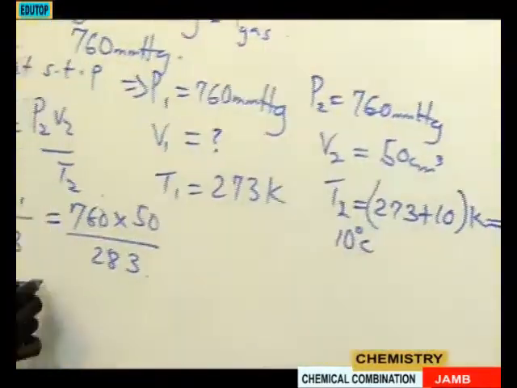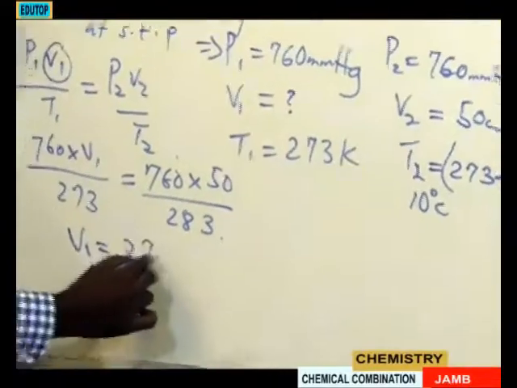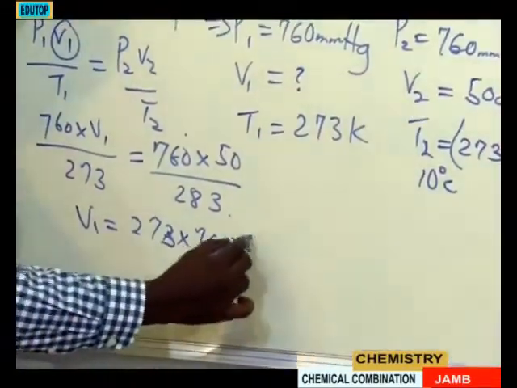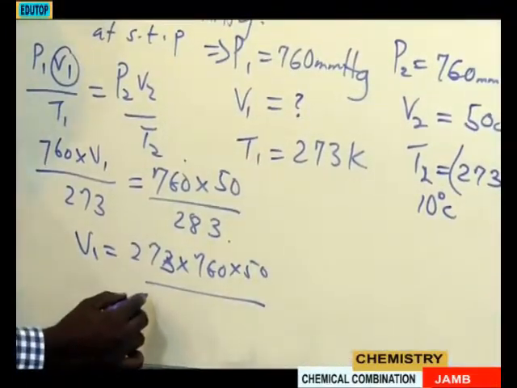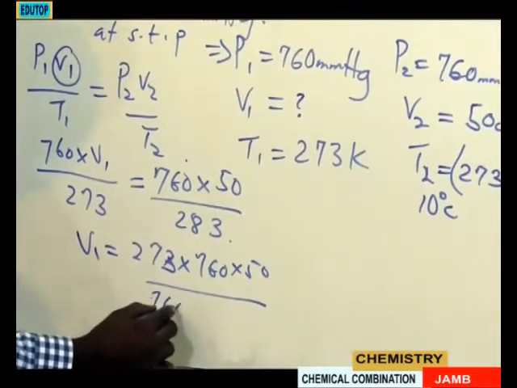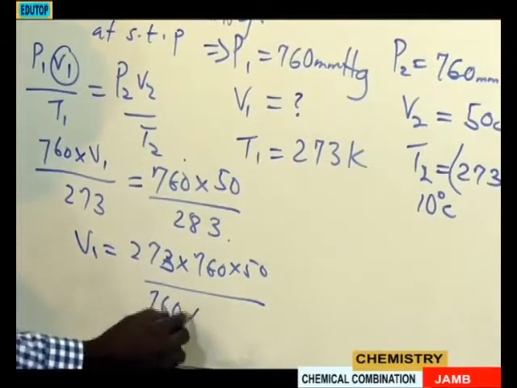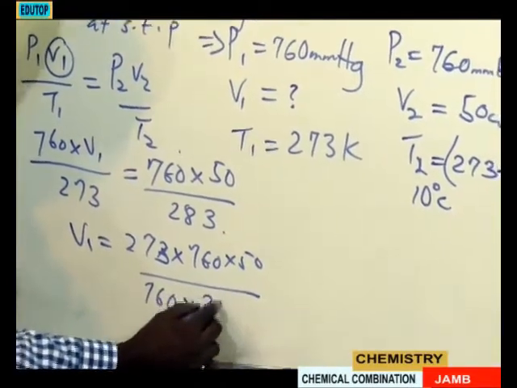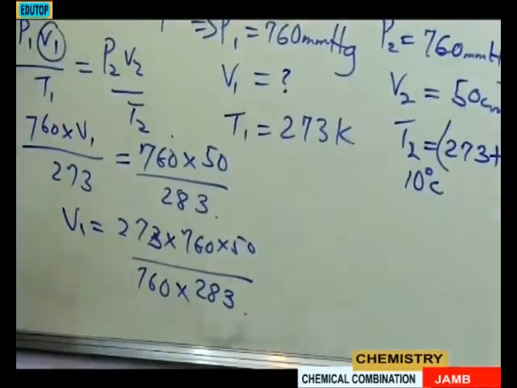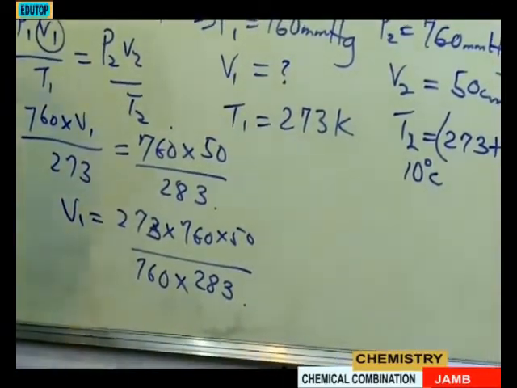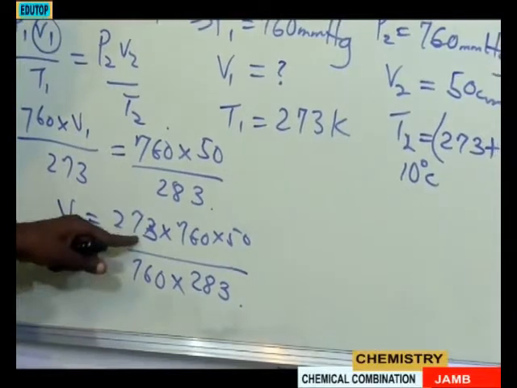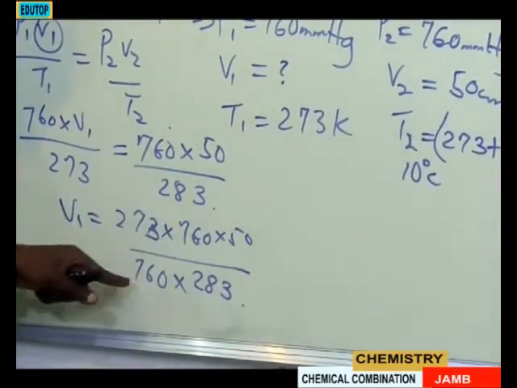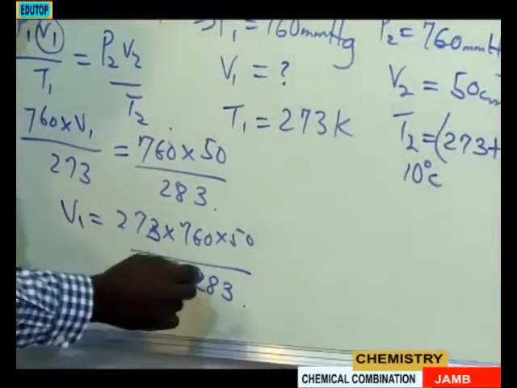So V1 will definitely be 273 times 760 times 50 divided by 760 times 283. So we have V1 equals 273 times 760 times 50 divided by 760 times 283.